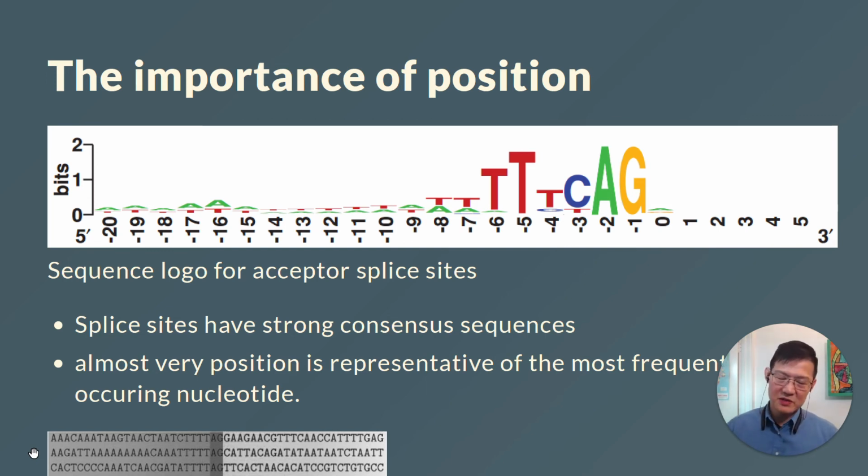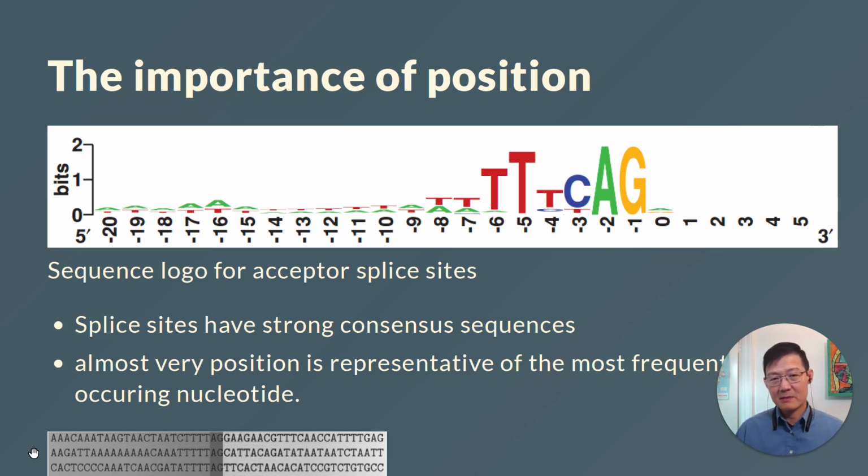You download all the splice sites that have been empirically verified, and you align them around the AG. The splice site is position 0 here, and you look at the proportion of letters. How many of the letters at position -5 are T?